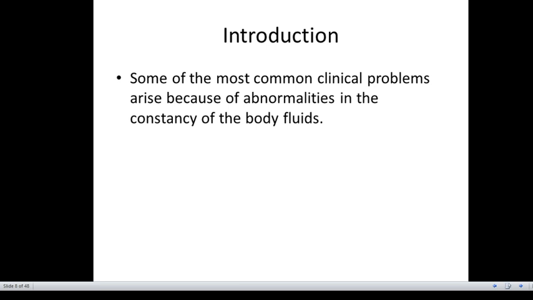This is because some of the most common clinical problems arise because of abnormalities in the constancy of the body fluids. This constancy is highly remarkable, and to maintain this, fluid intake and output should be balanced.